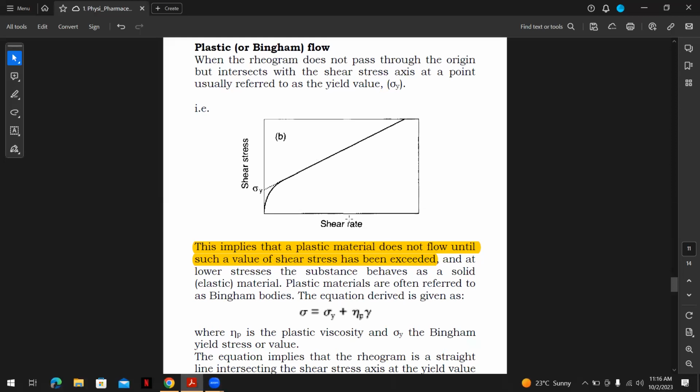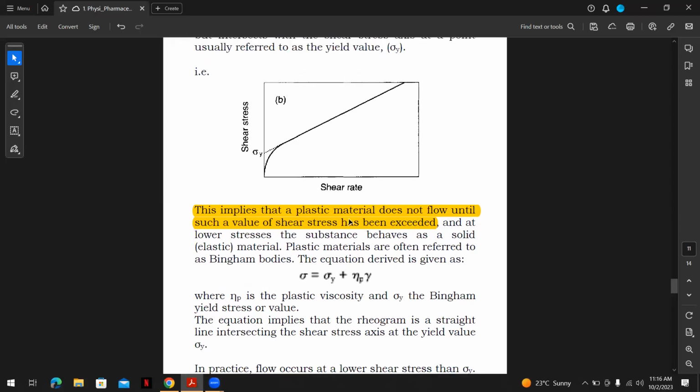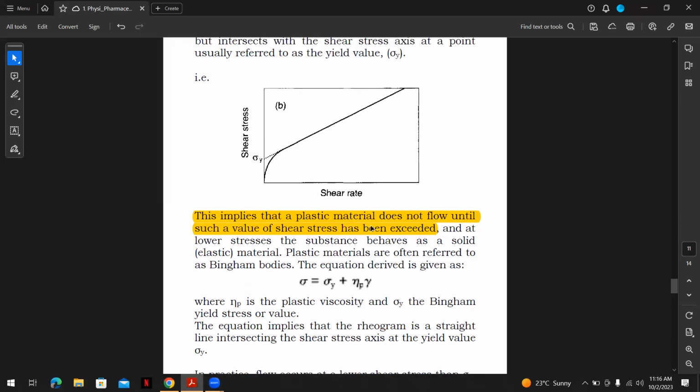The equation is similar to the Newtonian one, except that here we add the yield value. And the viscosity now is not dynamic viscosity, it's plastic viscosity.